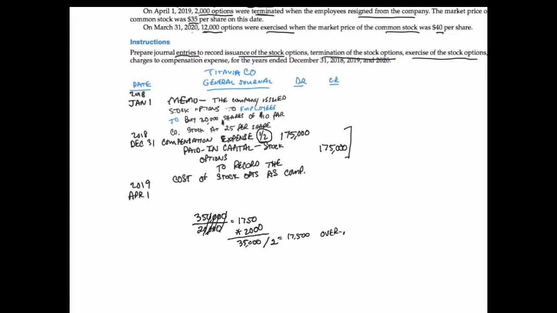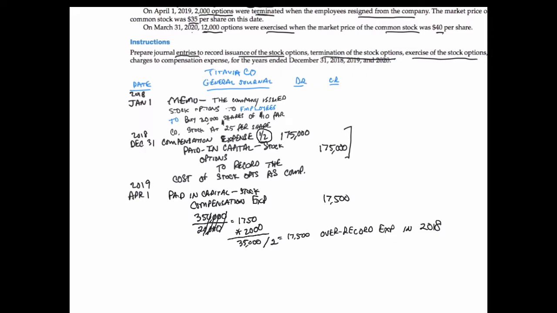That was the over-recorded expense in 2018. And since we over-recorded it, it was not an error, because we didn't know those people were going to leave. We're going to credit compensation expense for 17,500 and debit paid-in capital, stock options.